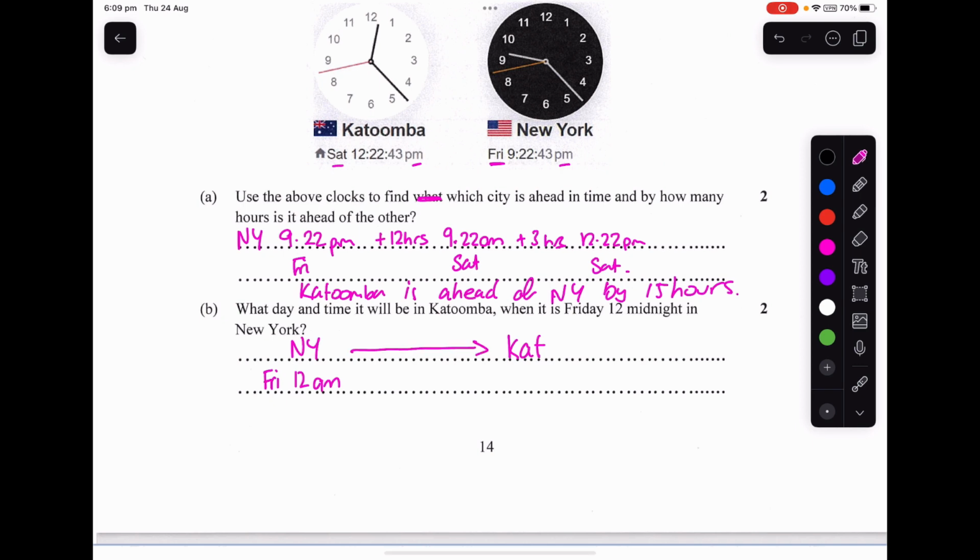And Katoomba is ahead, so we need to plus 15 hours. Okay, so I'm going to plus 12 hours first. So if I go Friday 12 a.m. plus 12 hours is going to take me to Saturday 12 p.m. And then I want to plus 3 more hours because I need 15. So plus 3 hours will take me to 3 p.m. on Saturday in Katoomba.